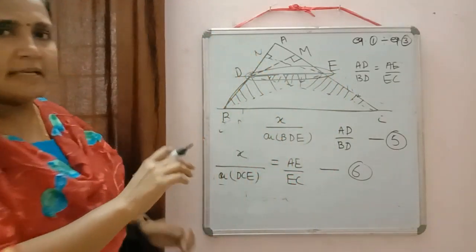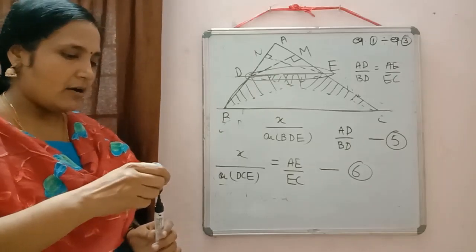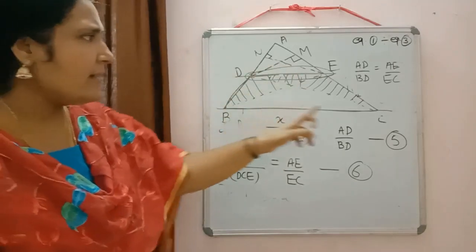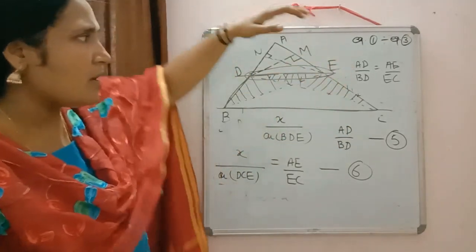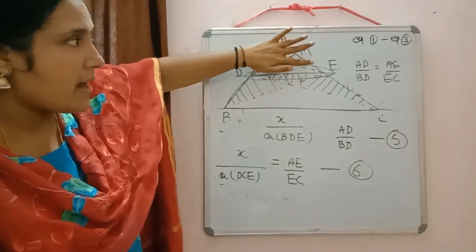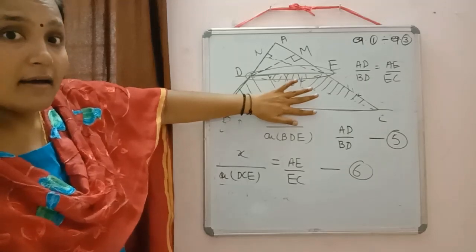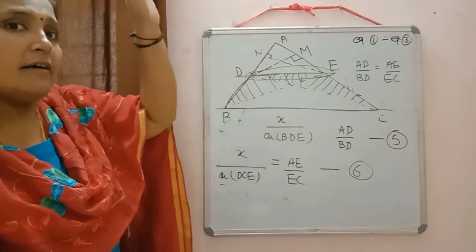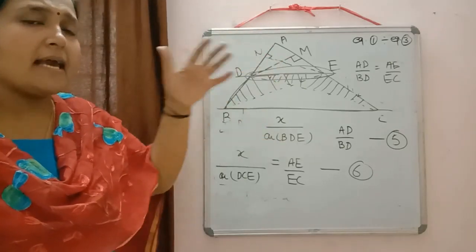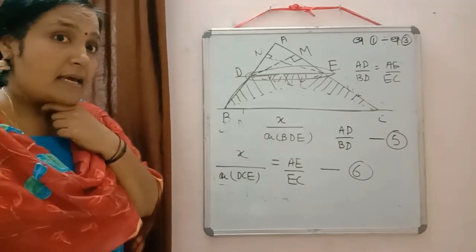Normally the common side we call the base. So triangle BDE and triangle CDE are on the same base DE, and between the same parallels DE and BC. Therefore, they are equal in area. We studied in 9th class.